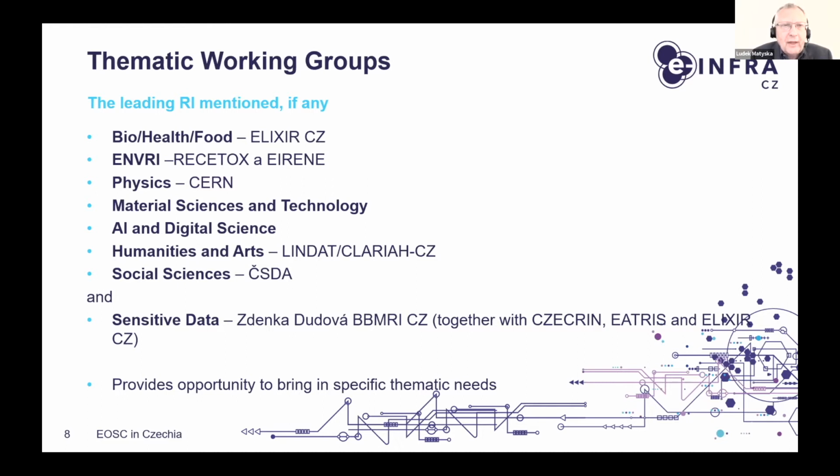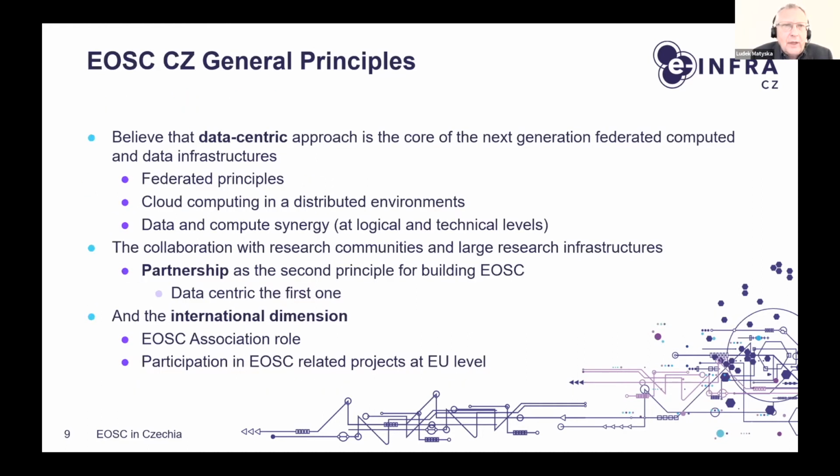If you go to the next slide, we get to the general principles. As I said, we believe the data-centric approach is the core of the next generation of federated compute and data infrastructures, which means that everything we build will not be built as a single institution or single research infrastructure activity, but will be based on close collaboration across all the domains, all the research infrastructures, and most of the active institutions in the open science area within the country.